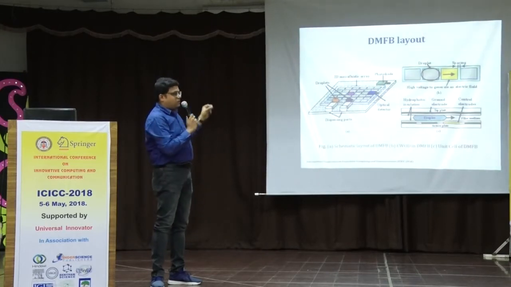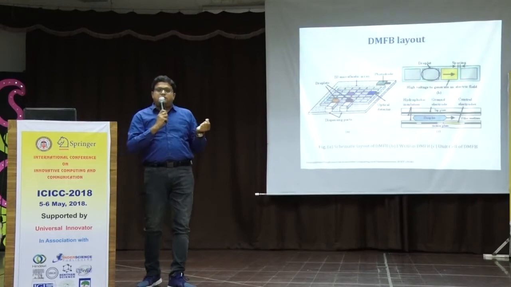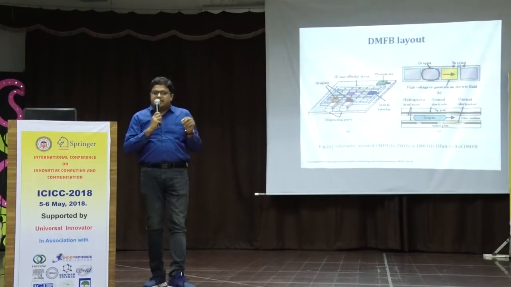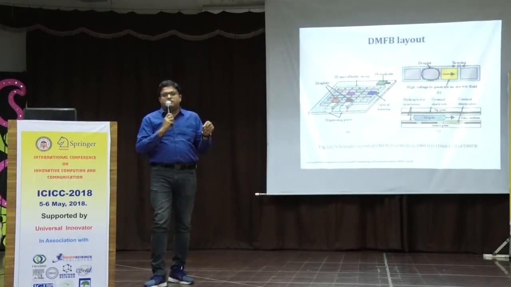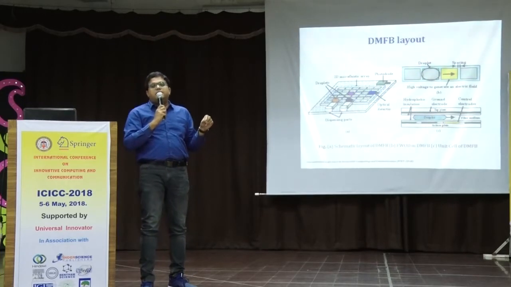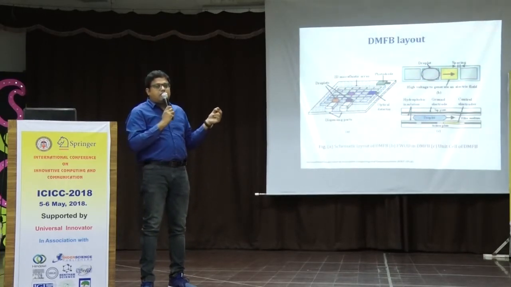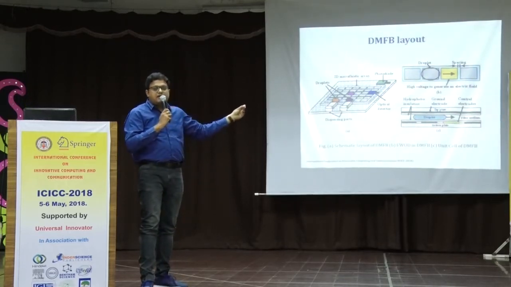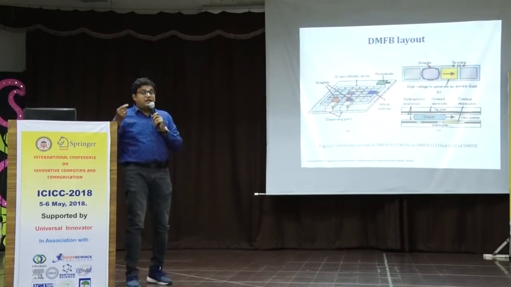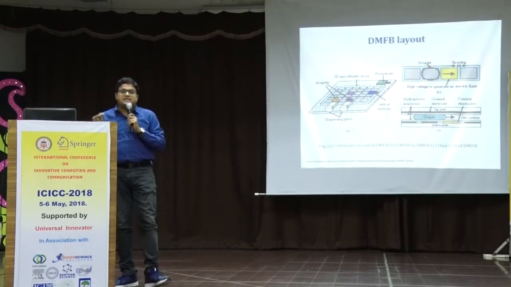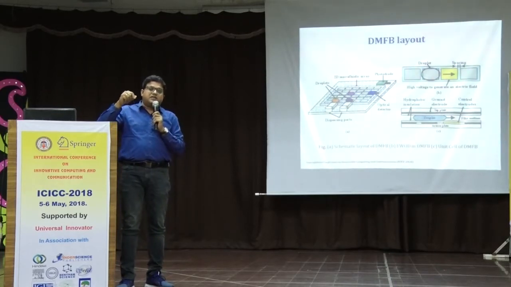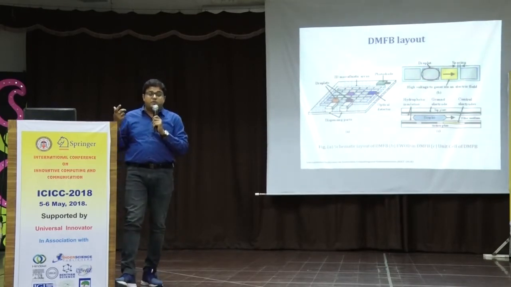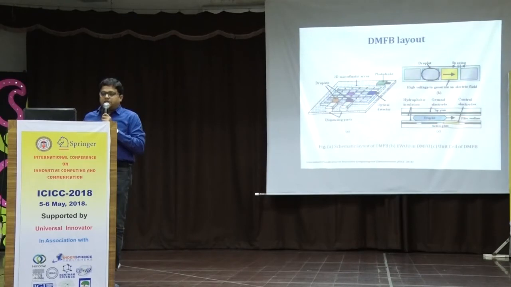In this process, we need to keep the cell where the droplet is residing at a lower charge, and the adjacent cell where we want to move the droplet will be supplied with a higher potential. Then the droplet, due to its electrowetting tendency, will shift from the lower charge region to the higher charge region gradually. But if by mistake anybody applies high potential to the droplet region, then the physical property of the droplet will be degenerated, and we may lose the results and outcome of the experiments.